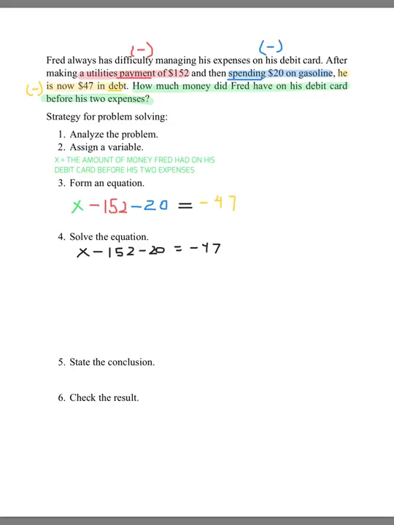Now I'm going to rewrite all these negative numbers on the left as addition. So here we go. So minus 152, that's the same thing as plus a negative 152. And then minus 20, that's the same thing as plus a negative 20.